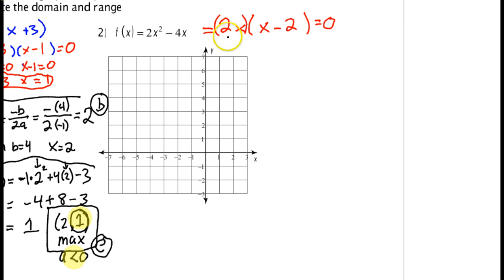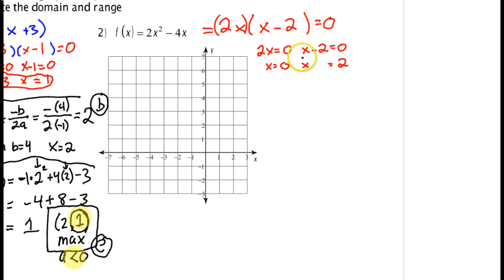If we want to, we can put parentheses around the GCF like that. So we have 2x equals 0 and x minus 2 is 0. That means x is 0 or x is 2.